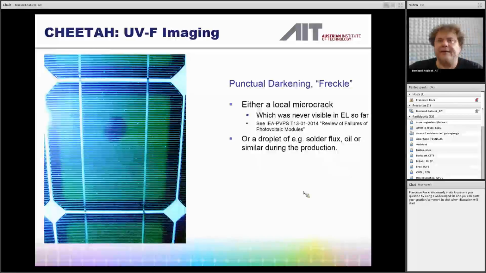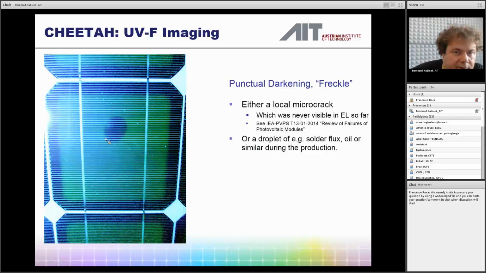Here we've got a cell, the next picture, that is due to the post-processing of the image a bit green. Theoretically it's more like blue, but what you see here in the core is a dark area of the size of a finger. We tried with electroluminescence, we didn't see any cracks there.